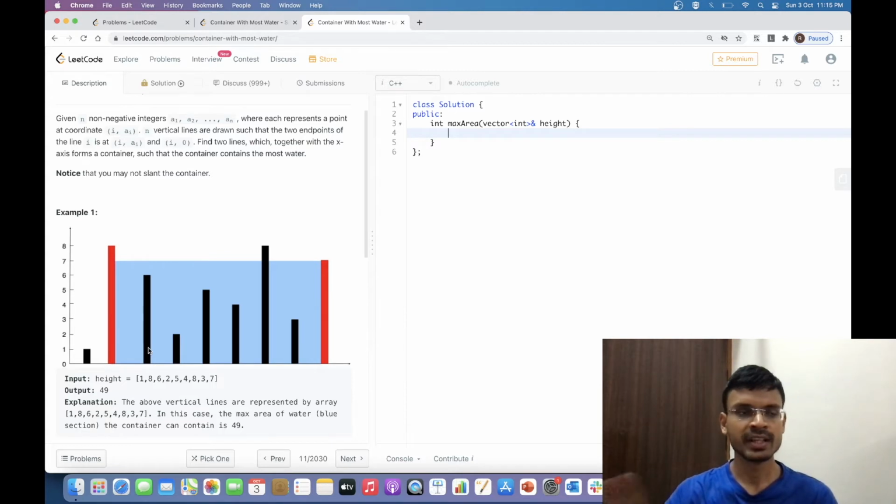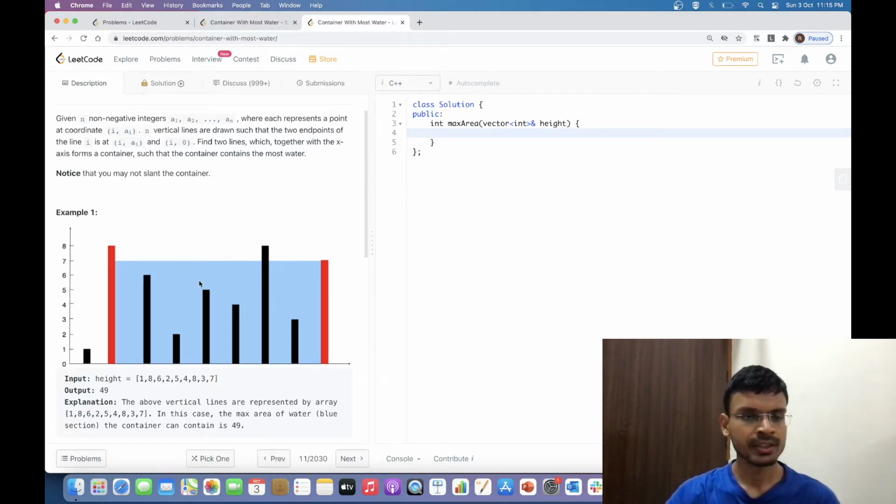For those two indices we can calculate the distance between them, which would be j minus i, and the height of the water would be the minimum height among the ith and jth index correspondingly. To find all such possible i and j pairs, the complexity would come out to be O of n square.